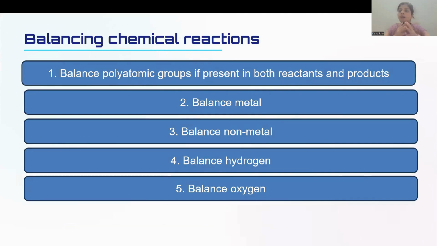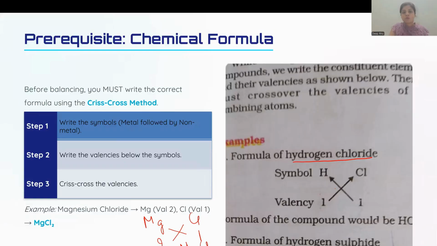So, how do we balance a chemical equation? Let's learn a very important, very easy trick. Hit and trial, you all know, but there is a very easy method to balance any chemical equation. First of all, you have to balance the polyatomic group. Before that, we have just learned how to write any chemical formula.